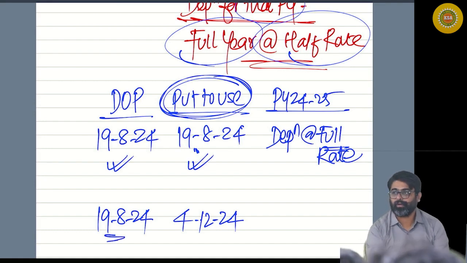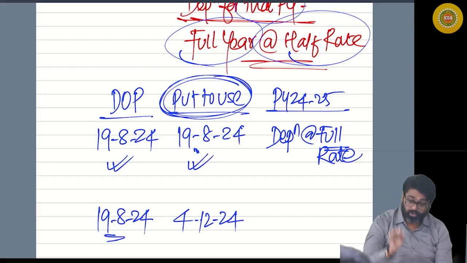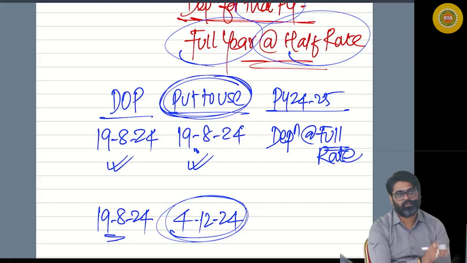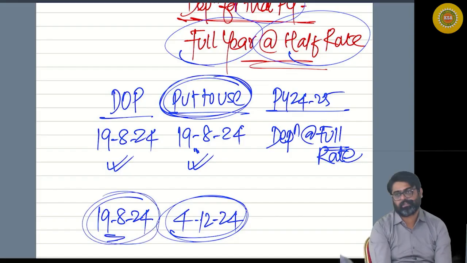Or 4th of December. The date when the asset is put to use is 4th December. 3 days of December will be removed. 28 days in December. January 31, February 28 and March 31. How many days?